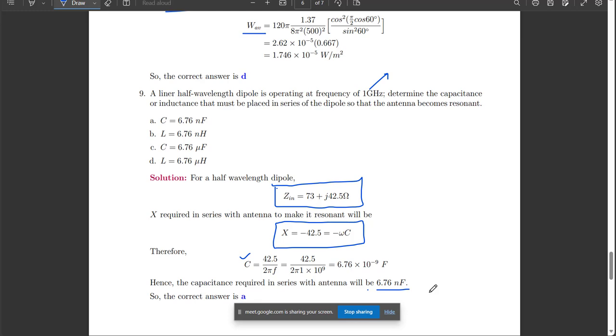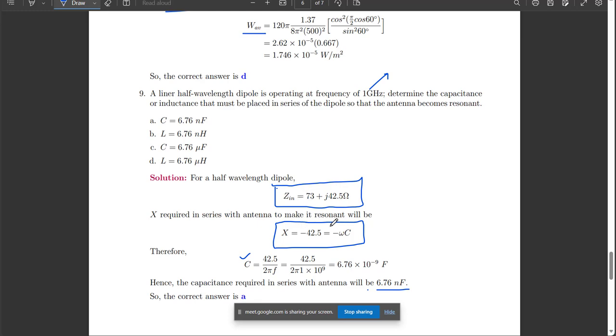Here it was asked that to make the antenna resonant, an element was placed in series. But what if we wanted an element placed in parallel to make the antenna resonant? What would we have used? To make the antenna resonant, we want the impedance of the antenna to become real.